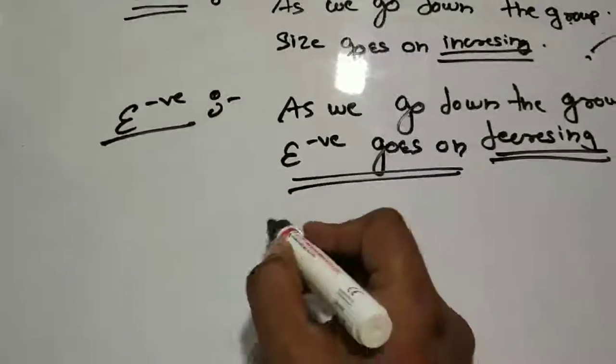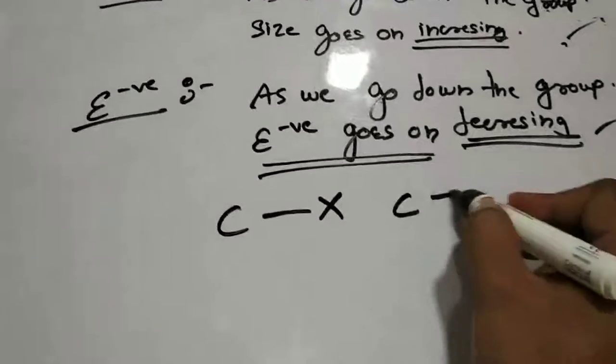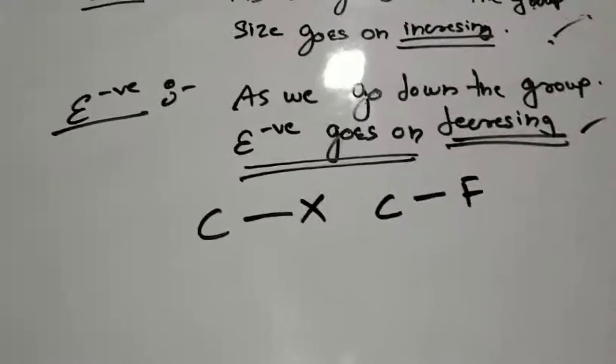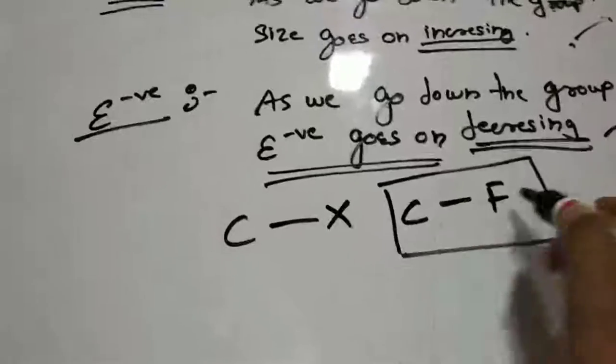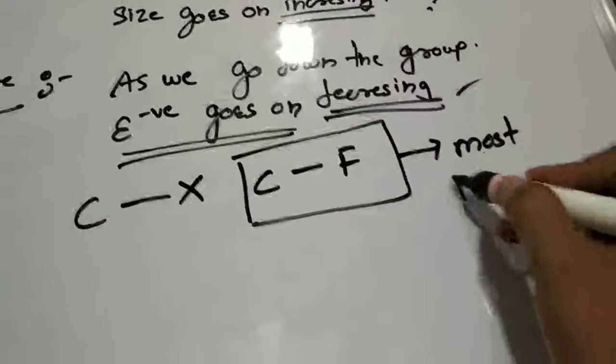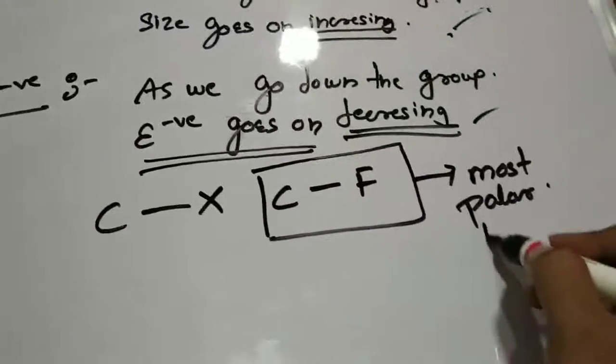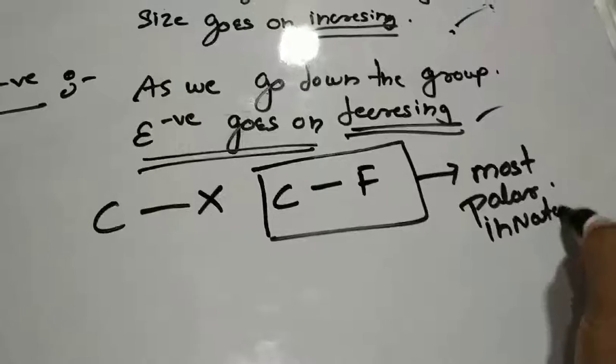So what will happen? Of the CX bonds, this particular CF bond, the bond between carbon and fluorine, will be considered the most polar in nature. Why will it be most polar?